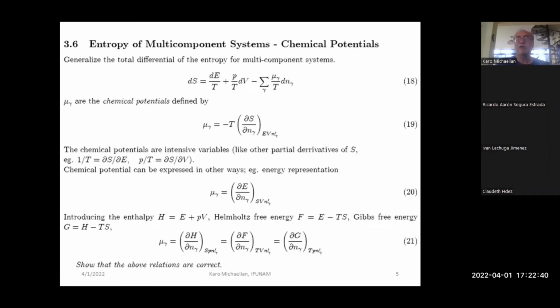Yes, that's correct. But those were labels for the different chemical components, not the free energies. For example, H was not the enthalpy. H was the molar concentration of hydrogen cyanide. And F was formamide.